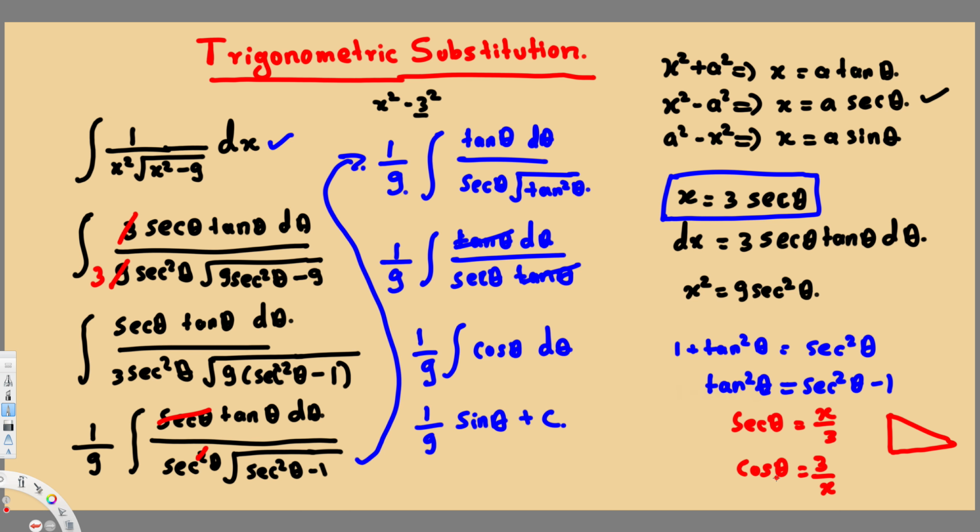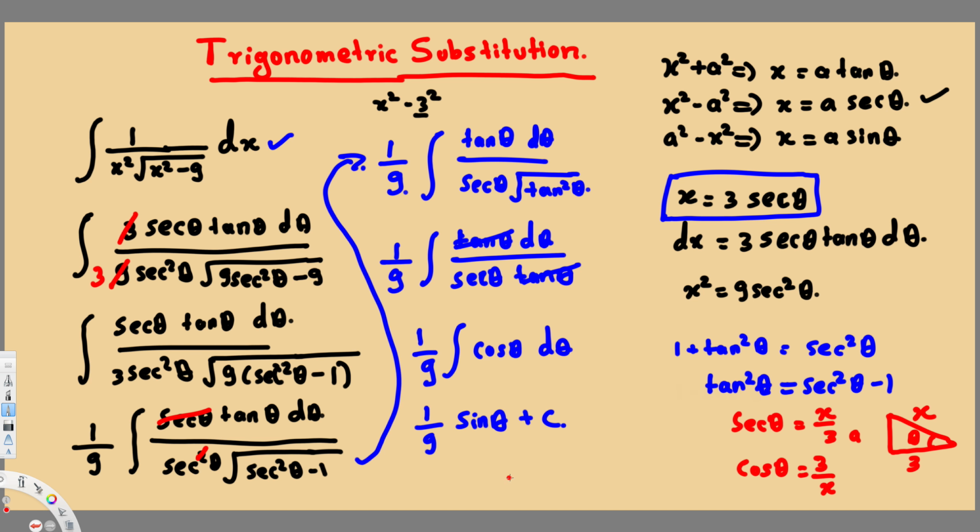Now for cos theta we know that is equivalent to adjacent over hypotenuse, so if this is theta, we are going to have adjacent, that is 3, so 3 is going to be right here and hypotenuse is going to be x. Now we have to find out this value. Let's say this is a, and to find it we can use Pythagorean theorem.